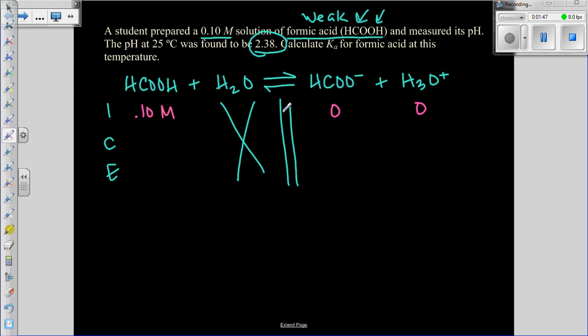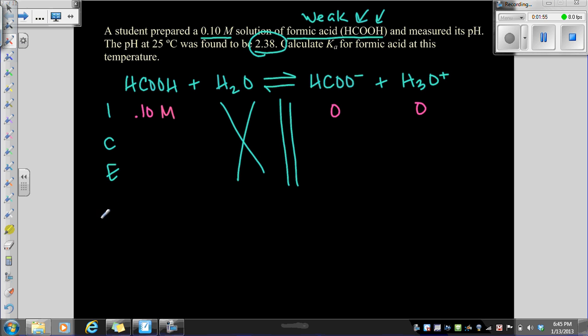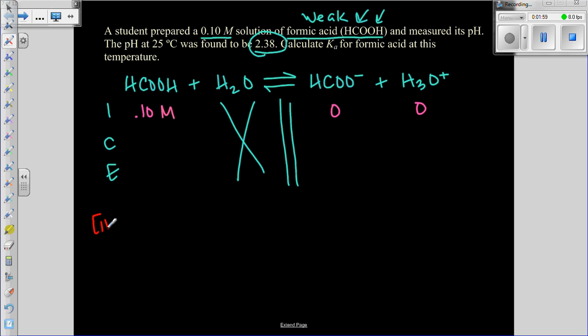Okay, now this one's a little bit different because we have pH. And so from pH, we can calculate the concentration of the hydronium ion. So if you remember what we did several days ago, the hydronium ion concentration is equal to 10 to the negative pH.